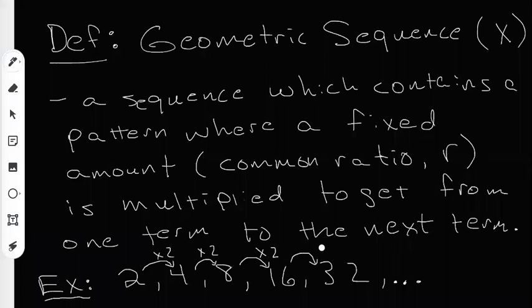And to get from 16 to 32, we're multiplying by 2. So if we're multiplying by 2 each time, that means r has to be equal to 2. That's going to be the common ratio. So that's a geometric sequence. We're just multiplying by a number every single time.